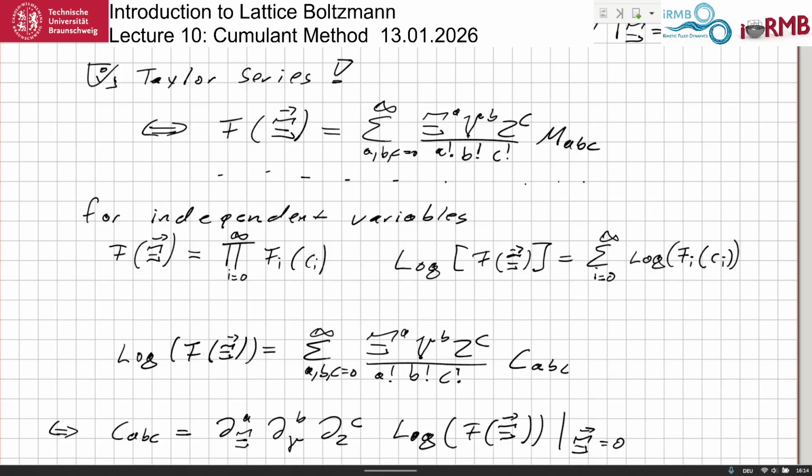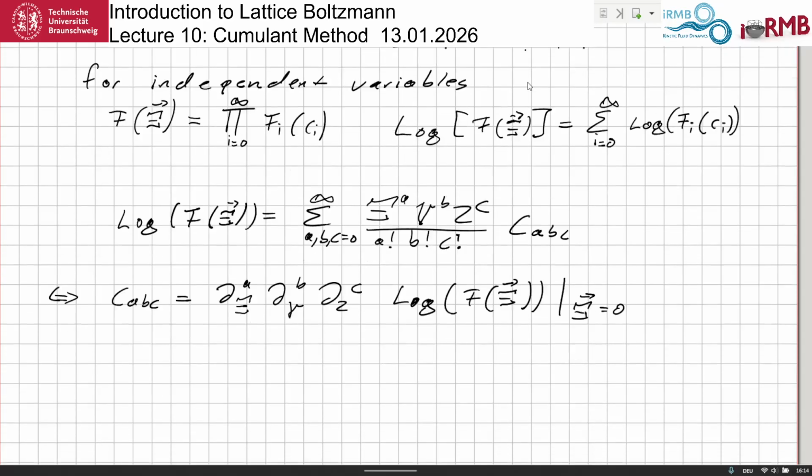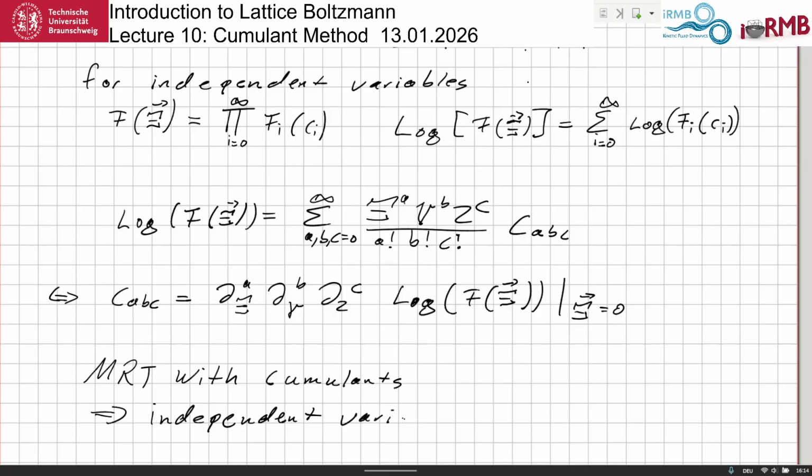So that's the theory. Now these are supposed to be independent variables. So the idea now is we use these as variables, MRT with cumulants. What they should do is give us independent variables and Galilean invariance.